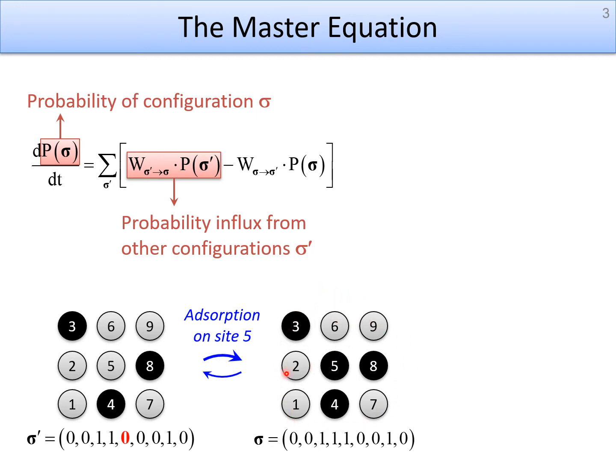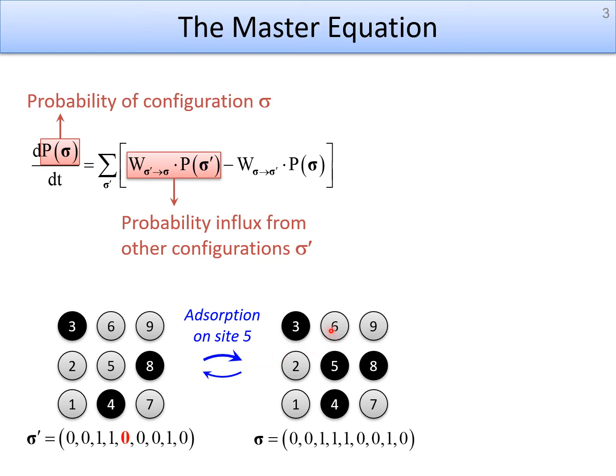Why? Because if we had an empty lattice, then we would have to go through subsequent elementary events of adsorption on site 5, on site 8 and 4 in order to get to this state. So this W would correspond to elementary events like the adsorption on site 5 that I show here.